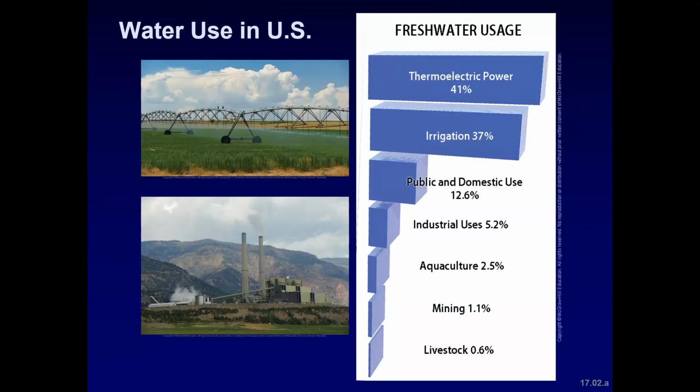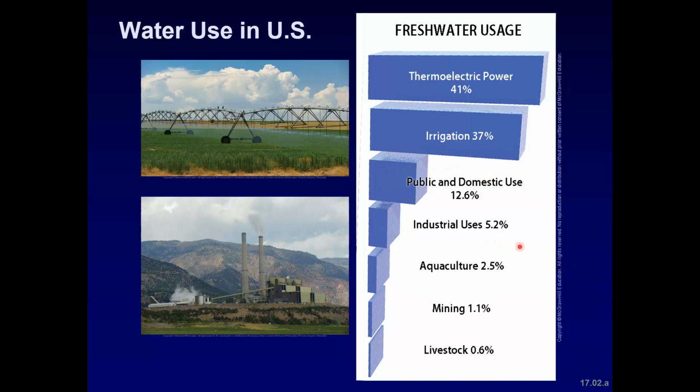So water use in the U.S. Surprisingly or not surprisingly, much of our water usage is thermoelectric power, but it can also be done with salt water. Irrigation would be 37% of freshwater usage in the United States. You wouldn't want that to be salt water because it would not facilitate growth of crops. And then public and domestic use is the next category at 12.6.